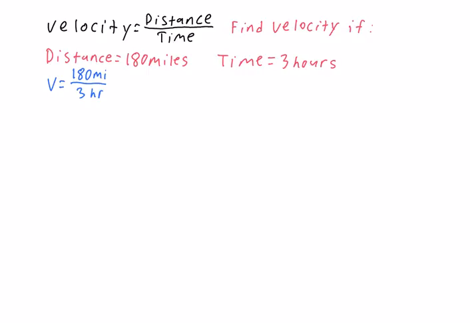So we do out what the formula says. 180 divided by 3. So we will get that the velocity will be 180 divided by 3 is 60, and then make sure you follow the correct units.